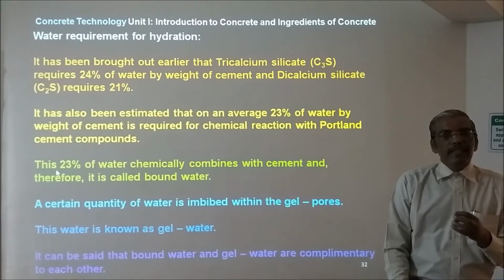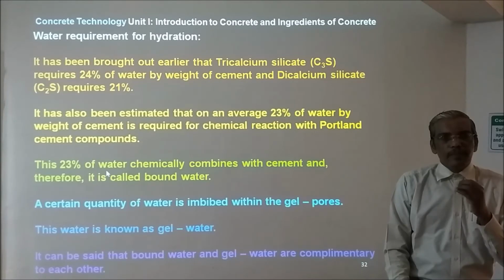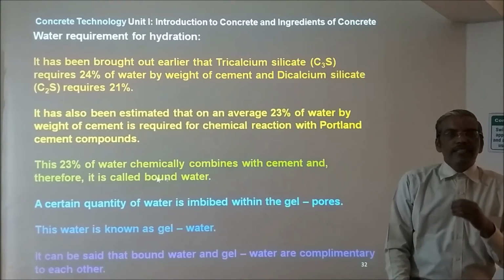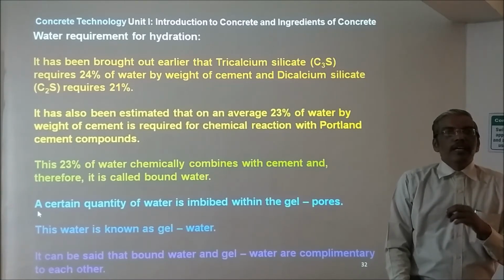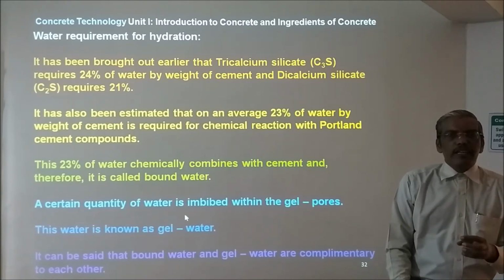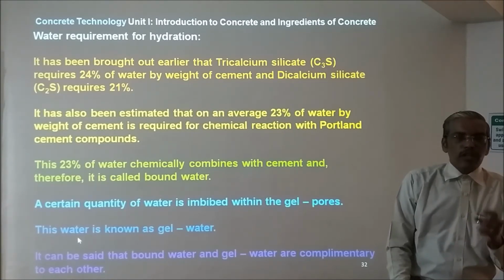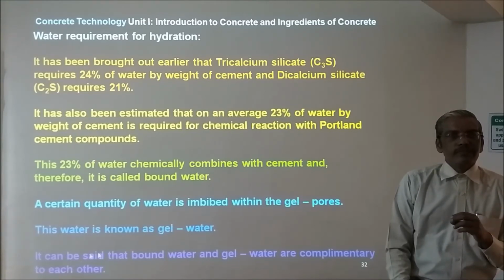Once again, this 23% of water by the weight of the cement chemically combines with cement and therefore it is called the bound water. A certain quantity of water is embedded within the gel pores. This water is known as the gel water.